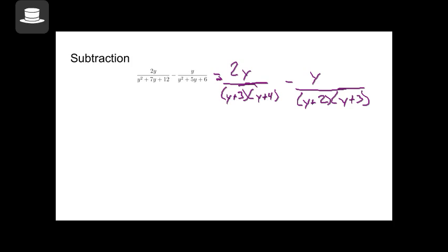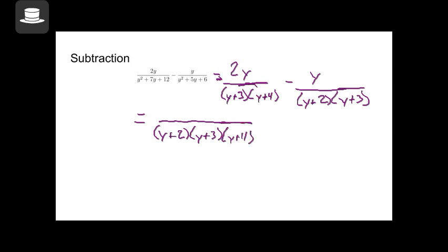So essentially what I need to do now is for my first term of my 2y divided by y plus 3 times y plus 4, since it's missing a y plus 2, I'll just multiply it by y plus 2. So I have y plus 2, y plus 3, y plus 4. So that will be my new denominator.